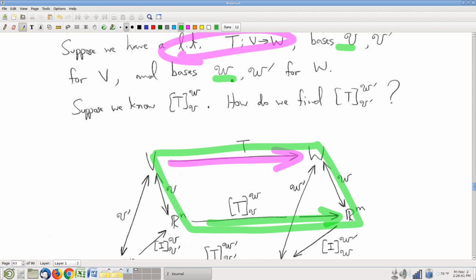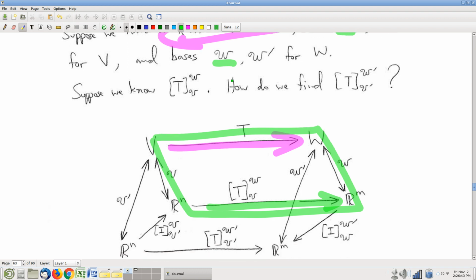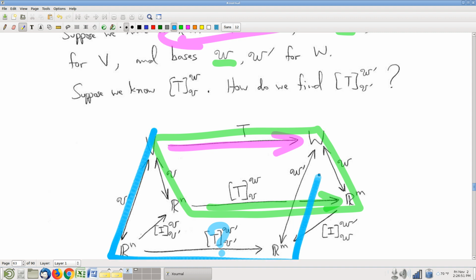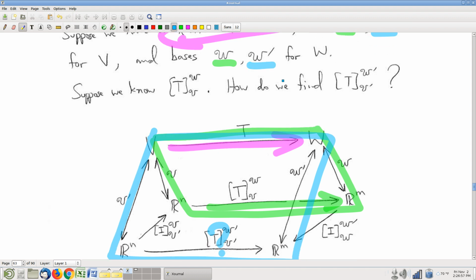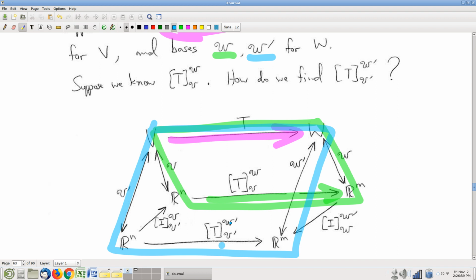But rather, I would like to represent that same linear transformation with respect to these different bases, V prime and W prime. How would I use my knowledge of this matrix in green to help me figure out this matrix in blue?